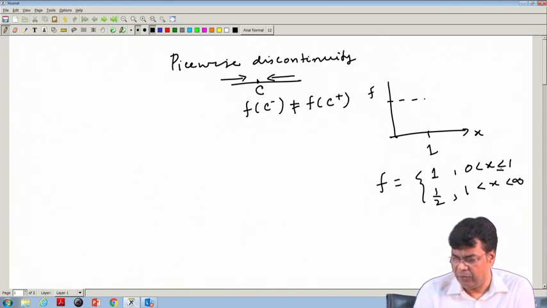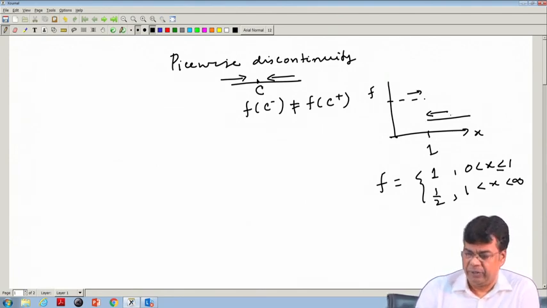If I approach from here, the f value is half at the point 1, and if I approach from the other side, it is 1. So, a jump discontinuity is occurring.